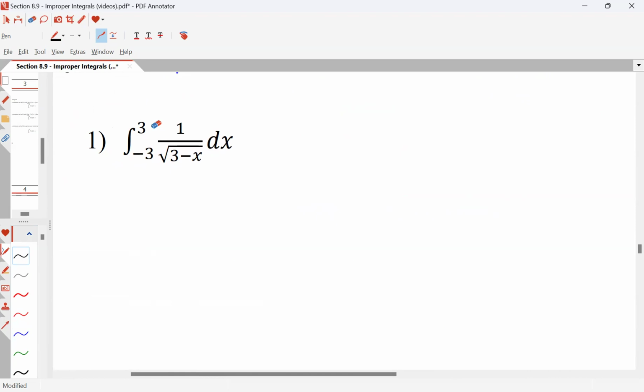Using the rules from above, when the upper bound is the problem, we're going to use a left-hand limit. So turn that 3 into a limit of t goes to 3 from the left of the integral from -3 to t of f of x dx, and f of x is our function 1 over the square root of 3 minus x.